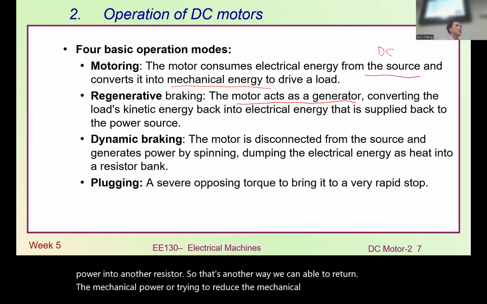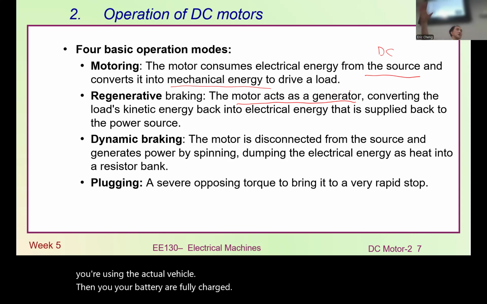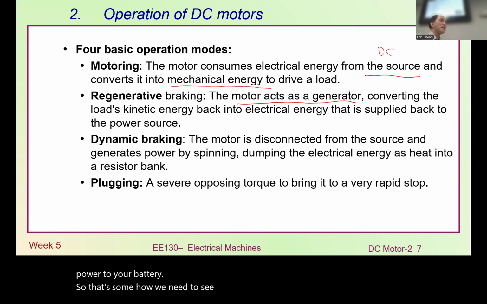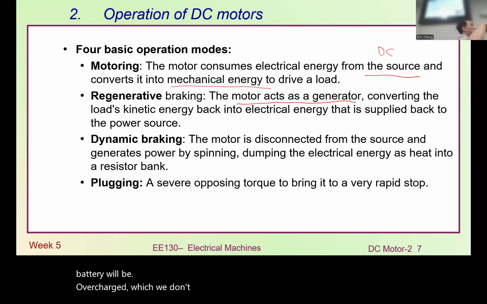For instance, if you're using an electric vehicle and your battery is fully charged, and the vehicle is on top of a hill and you want to go down the hill, of course that will be power regeneration. You return all your mechanical power to your battery. But if you already fully charged your battery, then when you do power regeneration, you return more energy to the battery, and the battery will be overcharged, which we don't quite want because there's a limit for the top energy inside the battery.